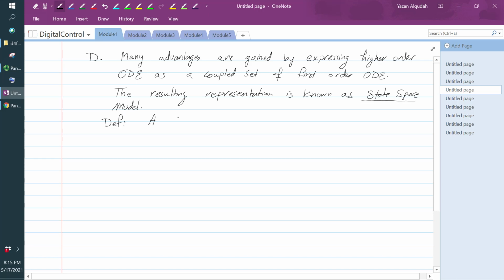A state space model is a coupled set of first order ordinary differential equations that describe the dynamic behavior of the system.